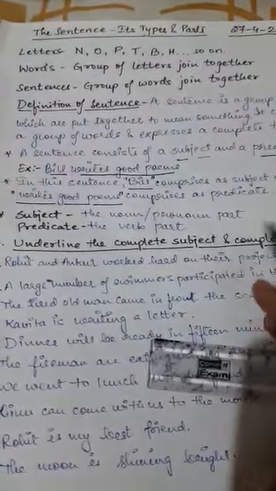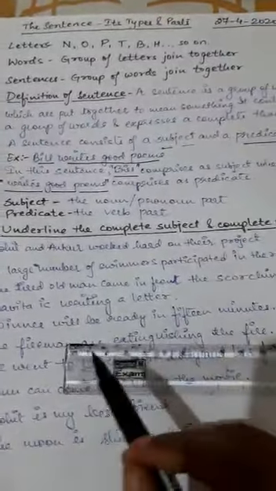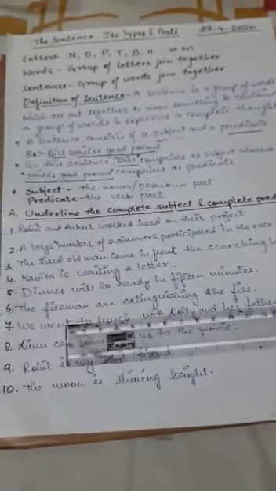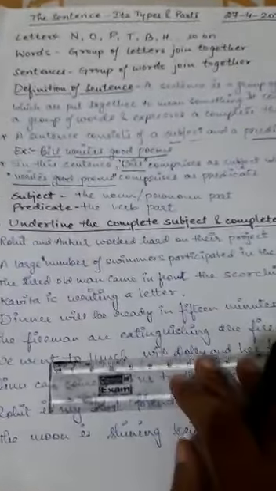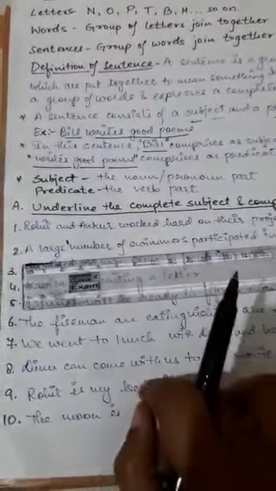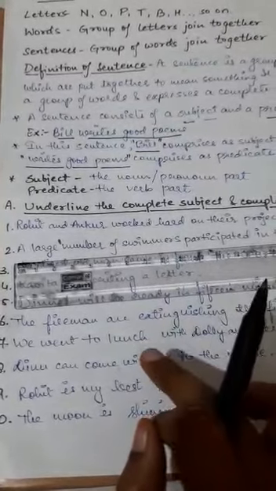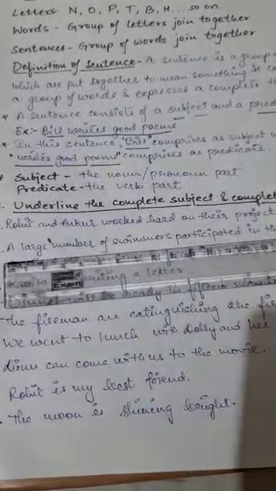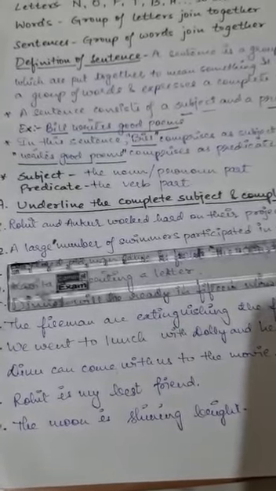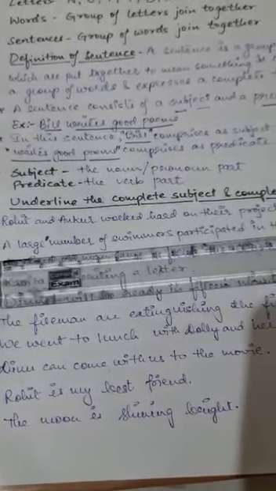Now we have to proceed: underline the complete subject and complete predicate in the grammar copy. This exercise is given in your sentence chapter, on page number 10.